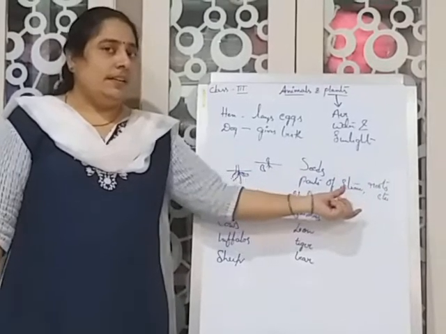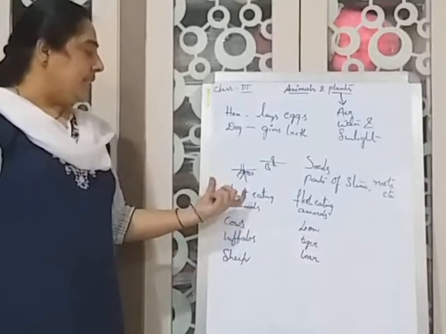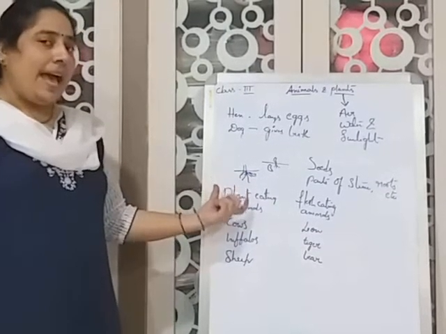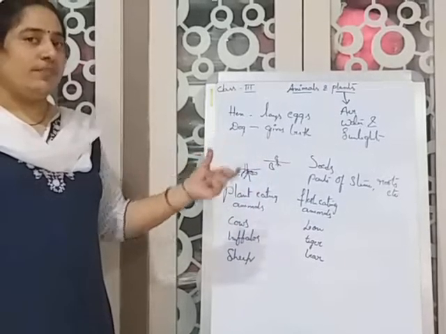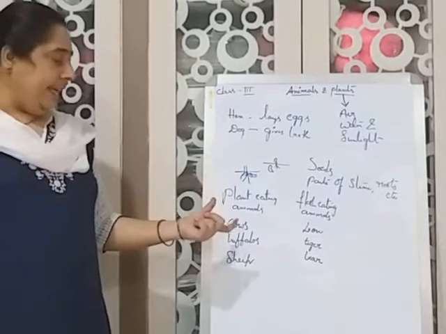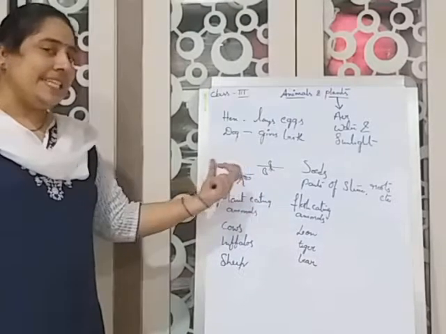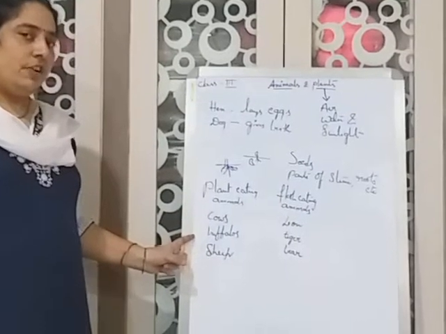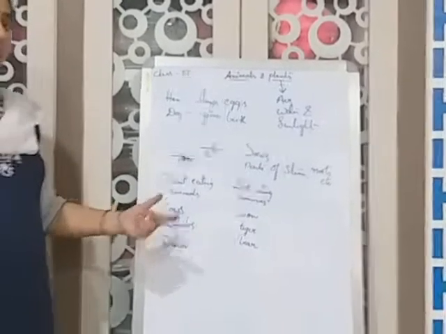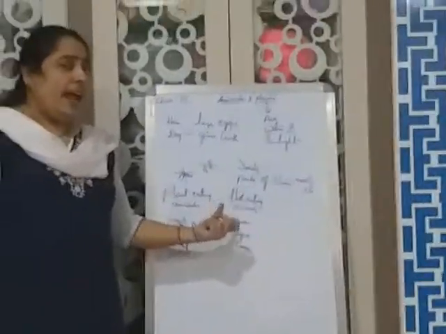Coming to the next part, animals and plants depend on each other. Mainly animals depend on plants. What are plant eating animals? Cows, buffaloes, sheep. And what are flesh eating animals? Like lion, tiger and bear.